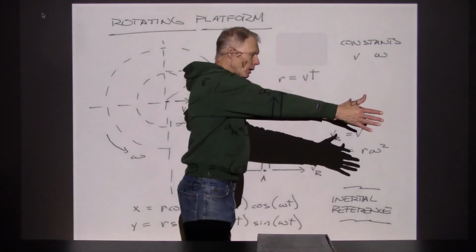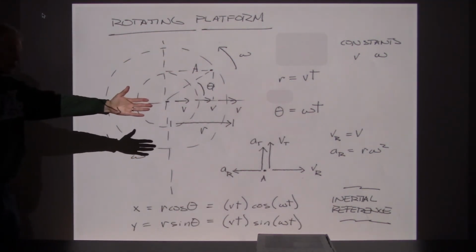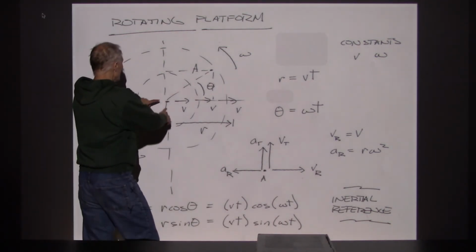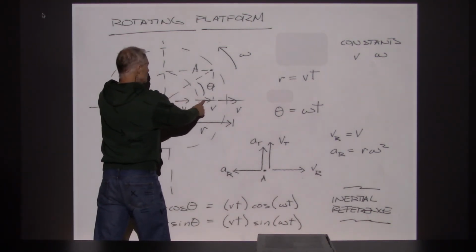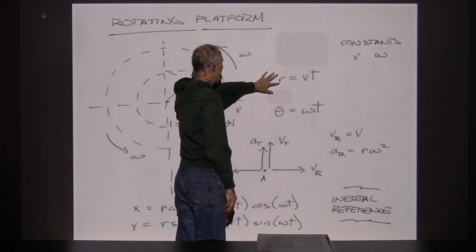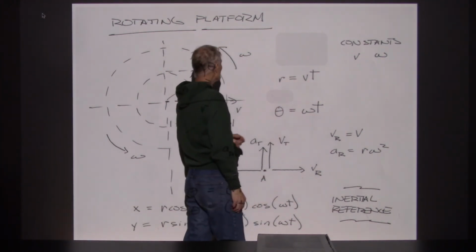There's a line drawn on the platform, and they begin to walk along that straight line. Now, what happens when we put the platform into motion is that the person's location is given by r equals vt. Now, v we're going to say is a constant. The person's going to walk outwards at a constant speed.